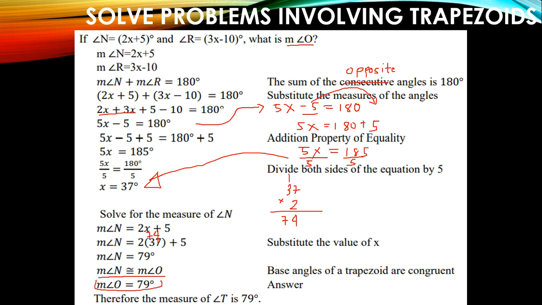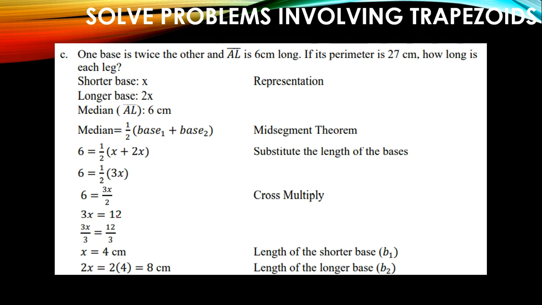So that is the final answer: the measurement of angle O is 79 degrees. Okay, so let's go now to letter C. One base is twice the other, and AL is 6 centimeters long.